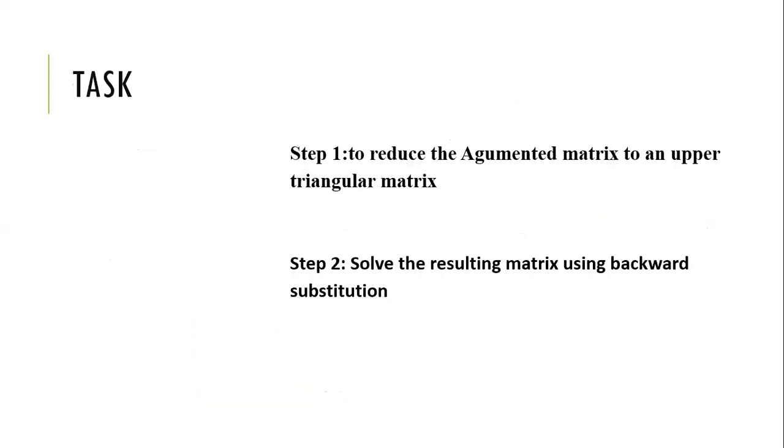Now, the task in Gaussian elimination is first to reduce the augmented matrix to an upper triangular matrix, and then two, to solve the resulting matrix using a backward substitution approach. Now, this is what we mean by an augmented matrix being transformed to an upper triangular matrix.